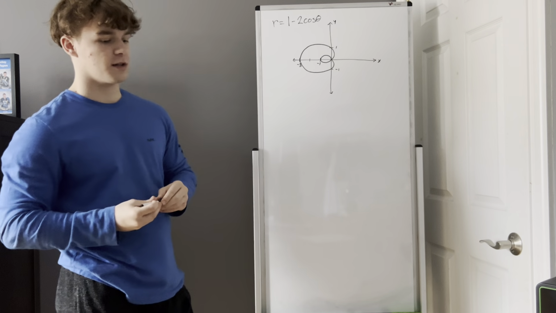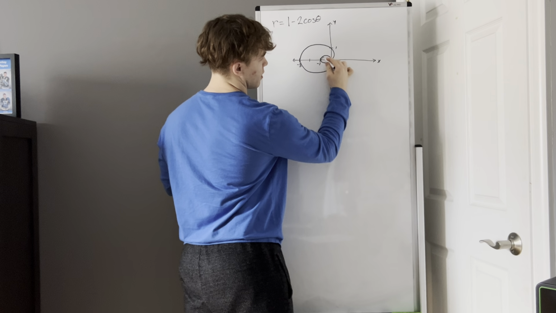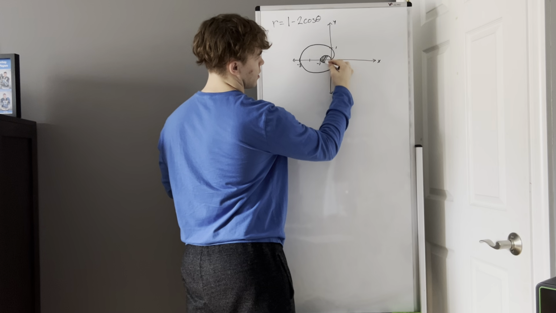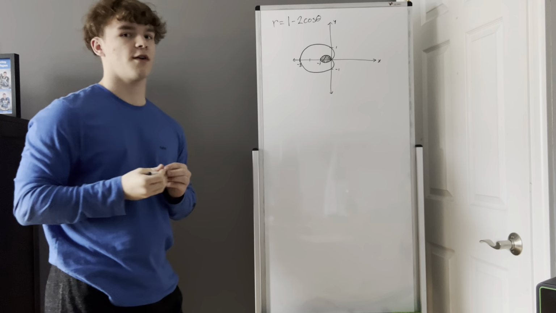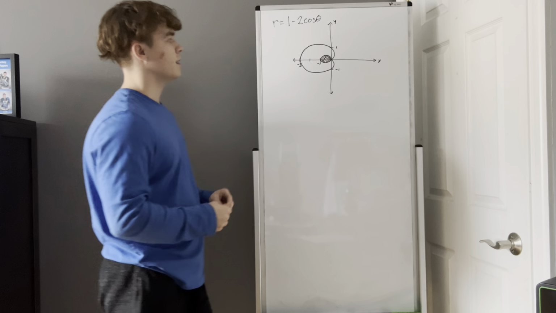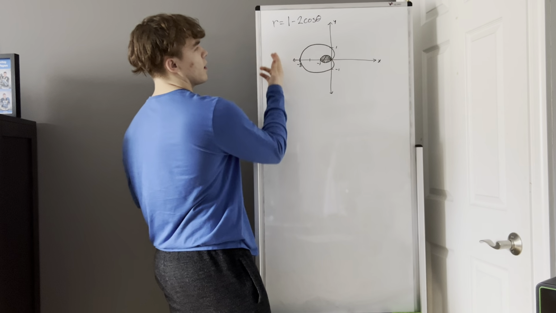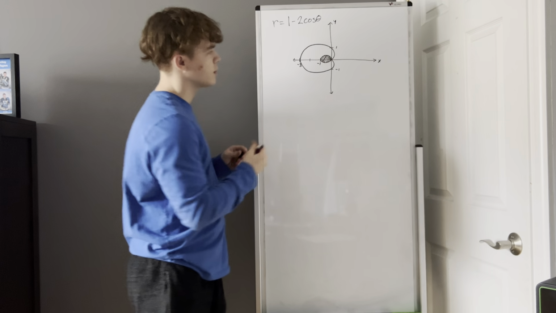But what the problem asks us is we want to find this area. So what we need to do is find our bounds of integration. Now, where is this function at the origin? Well, there's 2 points, right?